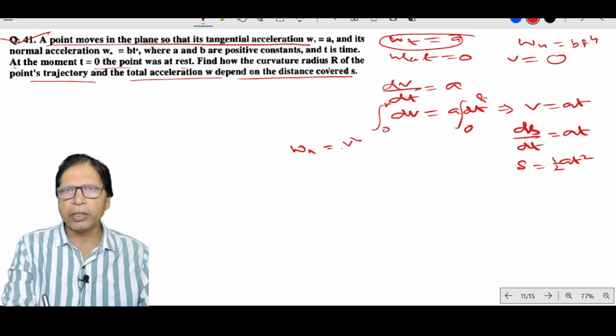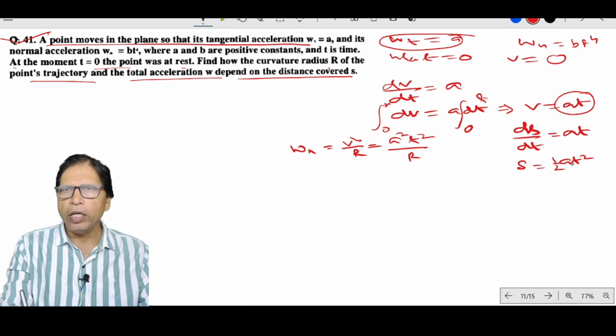Now the normal acceleration Wn is v square by r. What is v square? v is equal to a t, so Wn is a square t square by r. Now t square is equal to 2s by a, so it is a square into 2s by a into r.